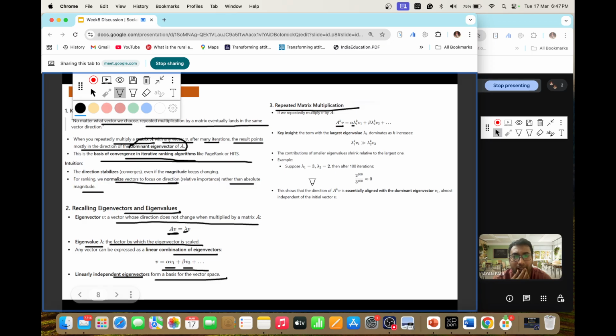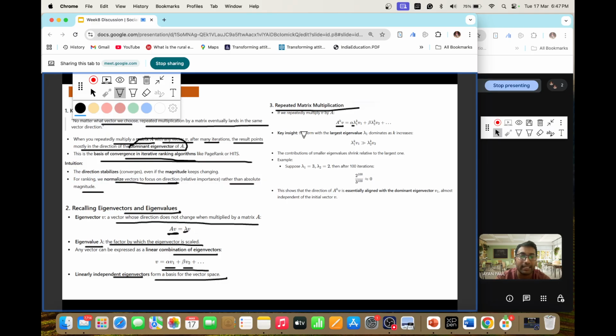Alpha lambda 1 to the power k into V1, because lambda 1 is the first eigenvalue and V1 is the eigenvector. Similarly, beta into lambda 2 to the k into V2, okay.